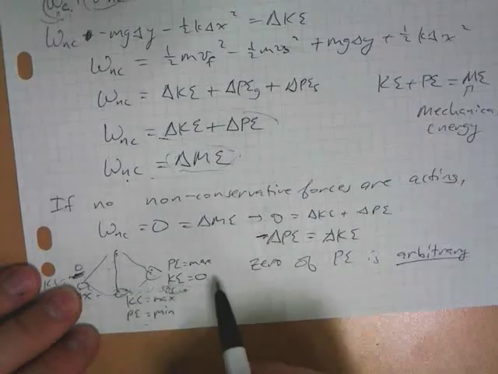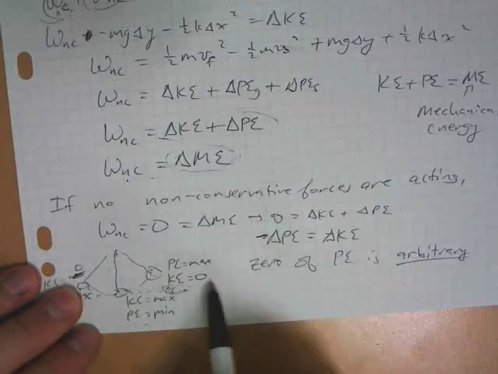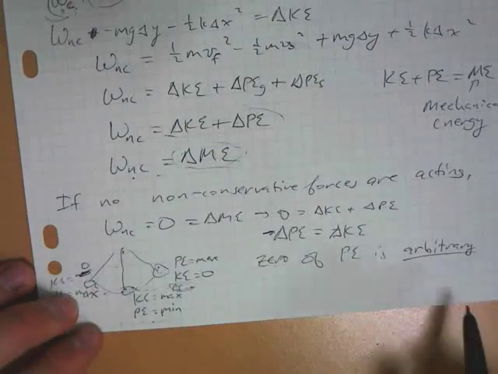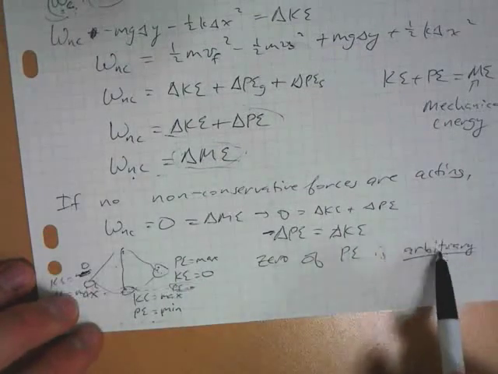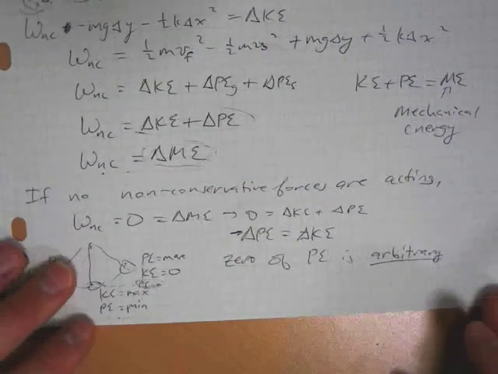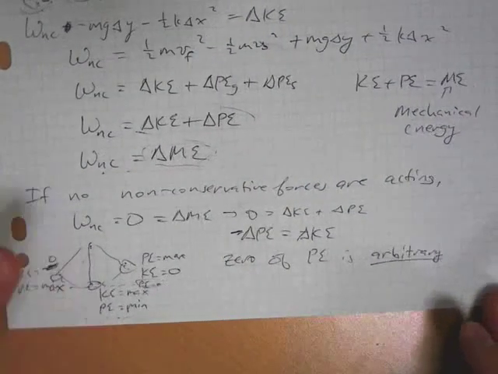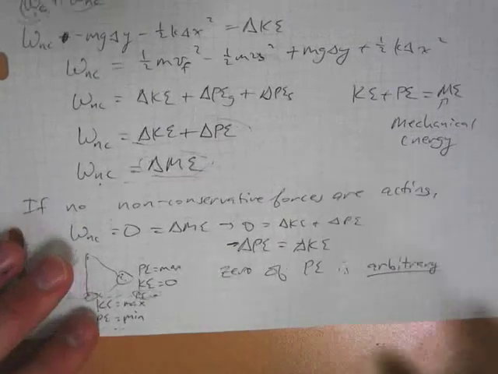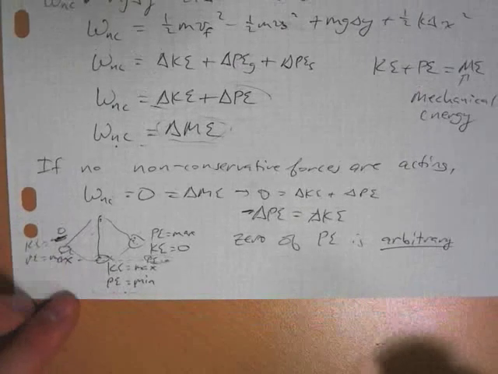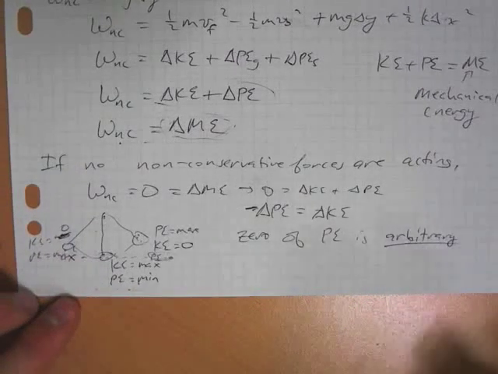That would be most convenient. But we could also say that the zero is down here or up here or whatever. It doesn't actually matter. Just like when we did kinematics, where we said x equals 0 didn't matter. What was important was that delta x. It's the same here. You can set your potential energy to 0 wherever you want to, but setting it intelligently will often make your problems easier to solve.